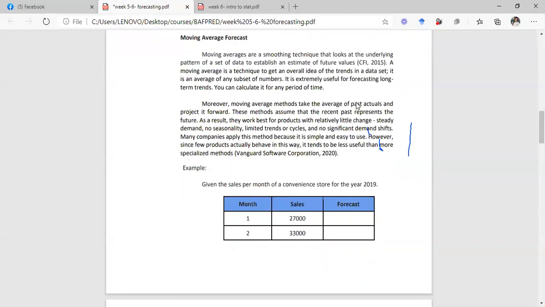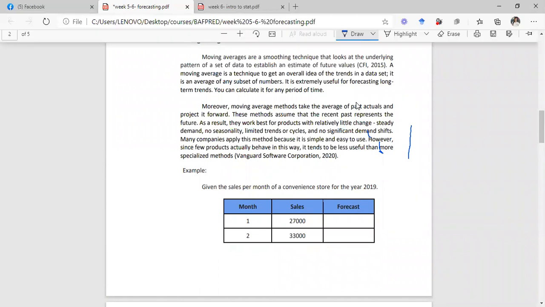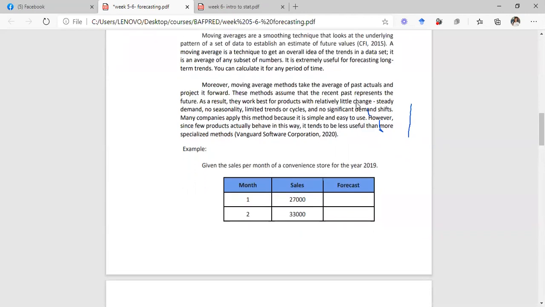That is from CFI 2015, the reference. A moving average is a technique to get an overall idea of the trends in a data set. It is an average of any subset of numbers, and it is extremely useful for forecasting long-term trends. You can calculate it for any period of time.